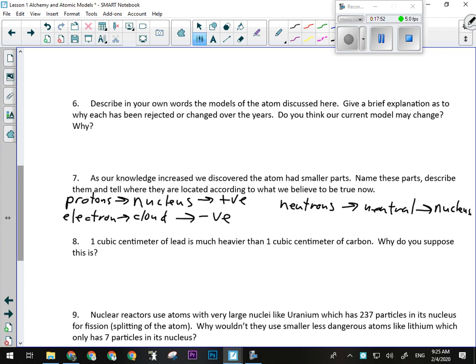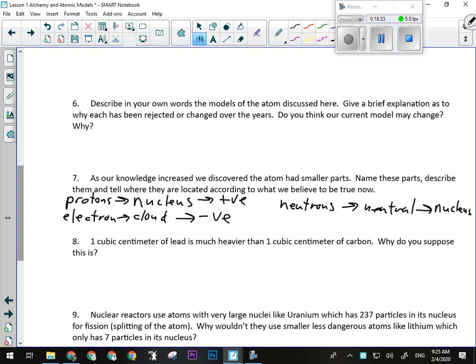Okay, number 8. If I have 1 cubic centimeter of lead and 1 cubic centimeter of carbon, the lead is way heavier. Why would that be? Because of the atomic mass. The atomic mass of lead is greater, and that means that lead atoms are bigger and heavier. If we look at our periodic table, remember that a carbon atom has 6 protons and 6 neutrons and 6 electrons.